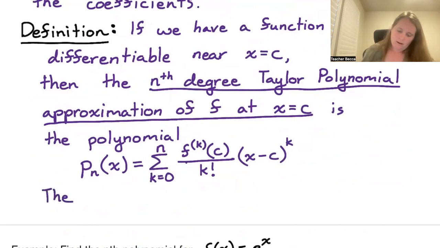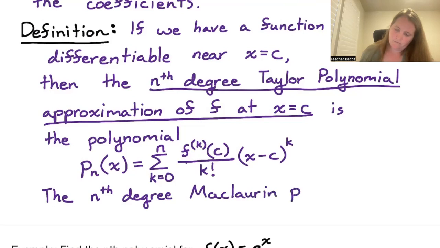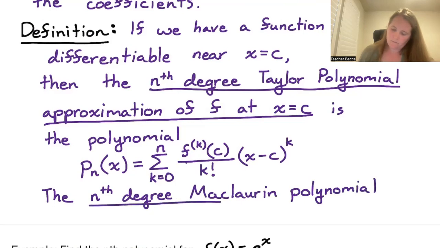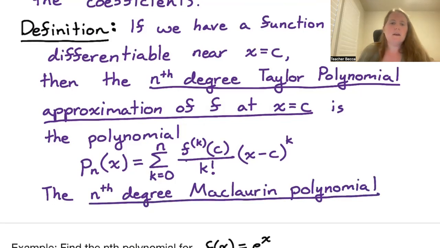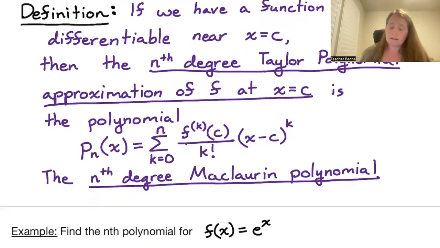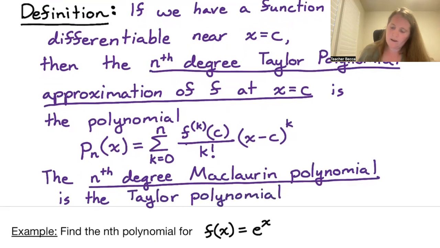So the nth degree Maclaurin polynomial is the Taylor polynomial with c equals 0. So it's the Taylor polynomial at x equals 0.